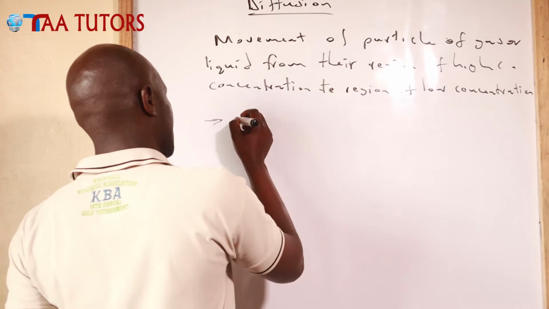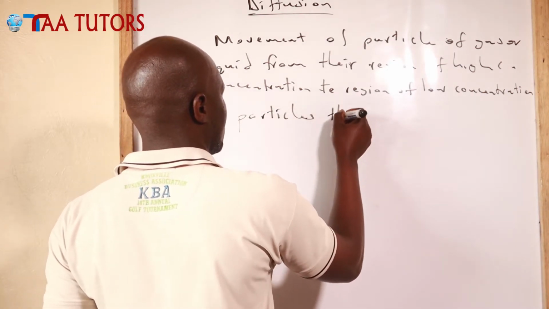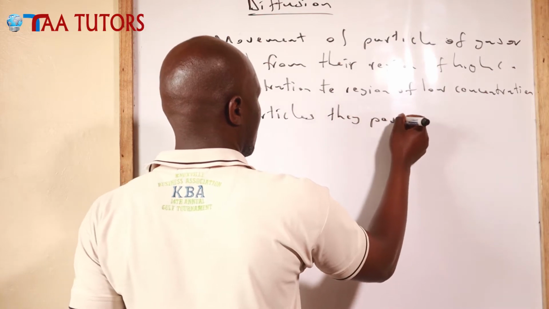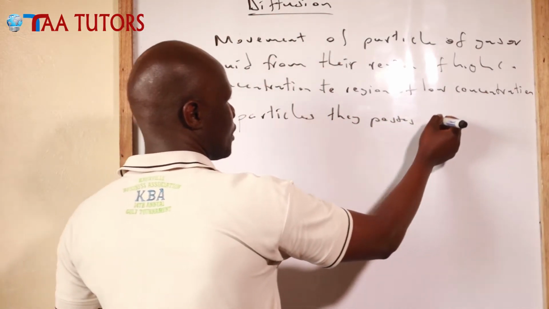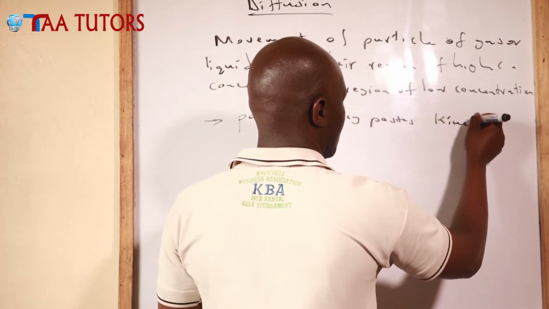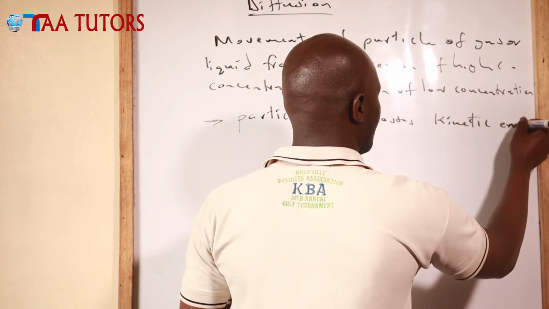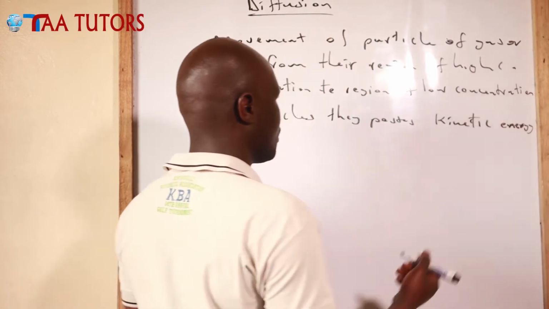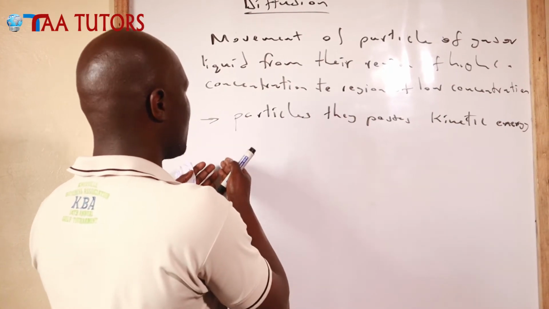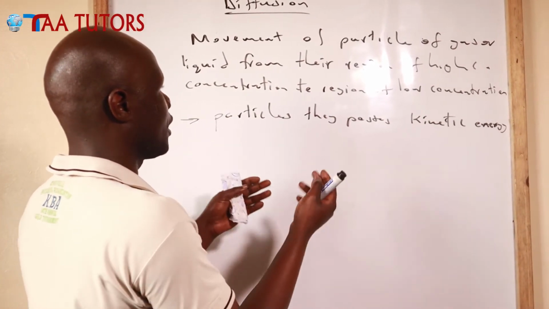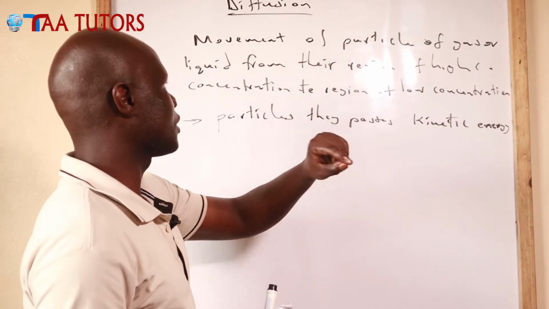In the previous lessons, we said that the particles themselves possess energy, which we refer to as kinetic energy. This energy enables them to be in continuous random motion. So they are likely to move from where they are more to where they are less because of the energy that they possess.